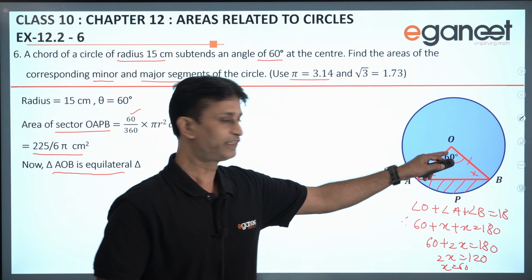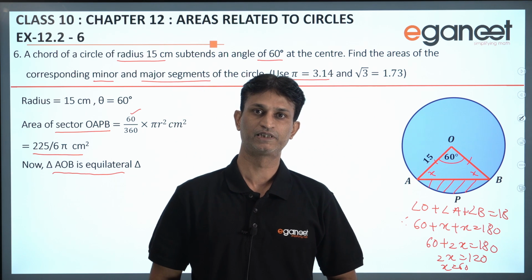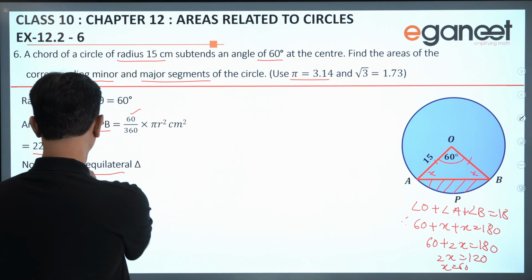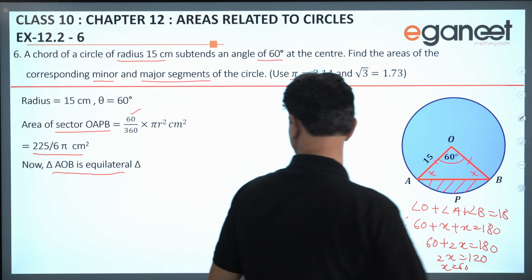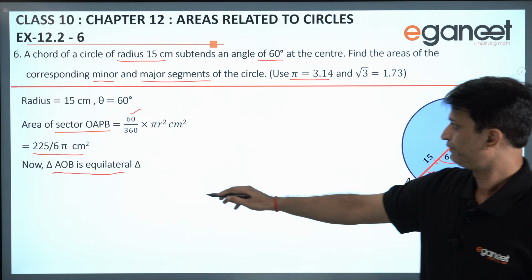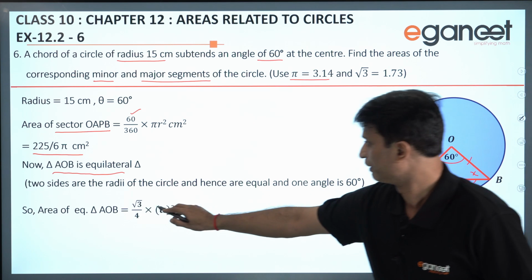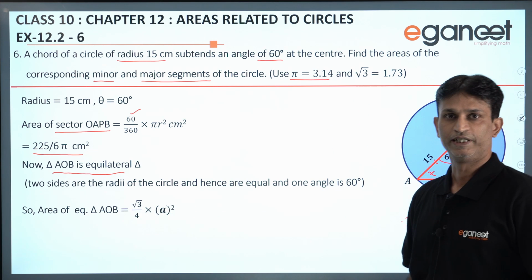So in triangle OAB, all the angles are 60 degree and therefore we can say triangle AOB is an equilateral triangle. Now the area of an equilateral triangle is given by the formula root 3 by 4 side square.